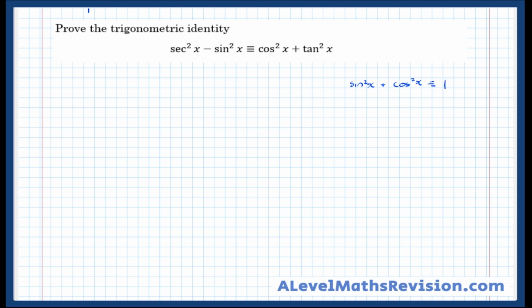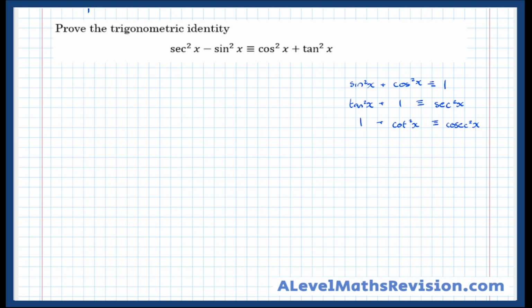Then dividing everything by cos squared x, it's tan squared x plus 1 is identical to sec squared x. And then going back to the start and dividing by sine squared x instead, I get 1 plus cot squared x is identical to cosec squared x. So I've got everything I need there.